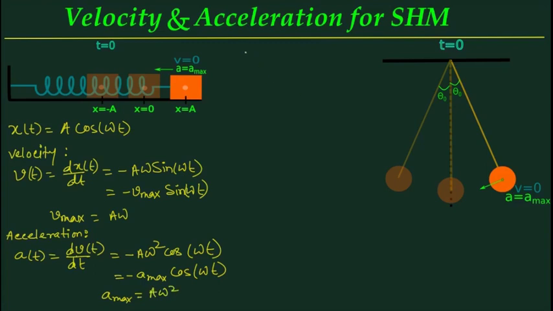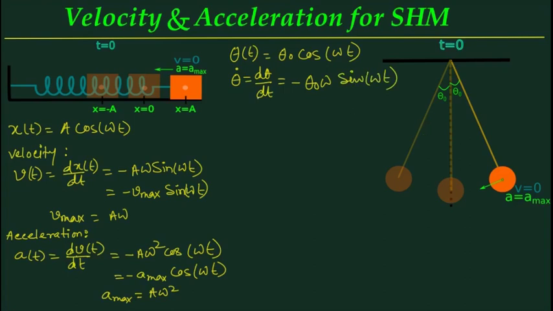Similarly, for the simple pendulum, if the angular displacement at a given time t is theta naught times cosine of omega t, the angular velocity, that means rate of change of angular displacement, is d theta/dt, equal to minus theta naught omega into sine of omega t.